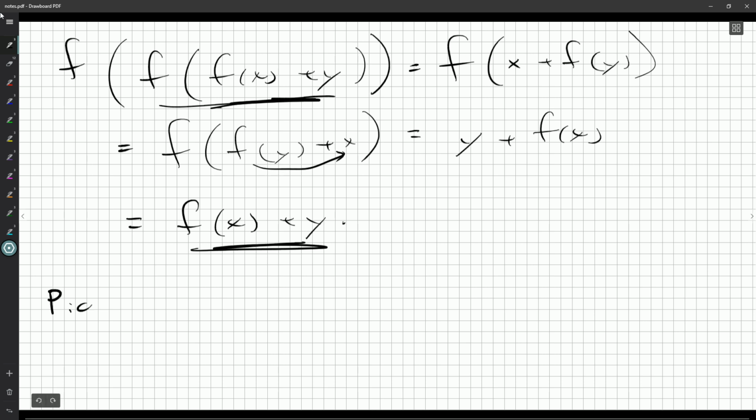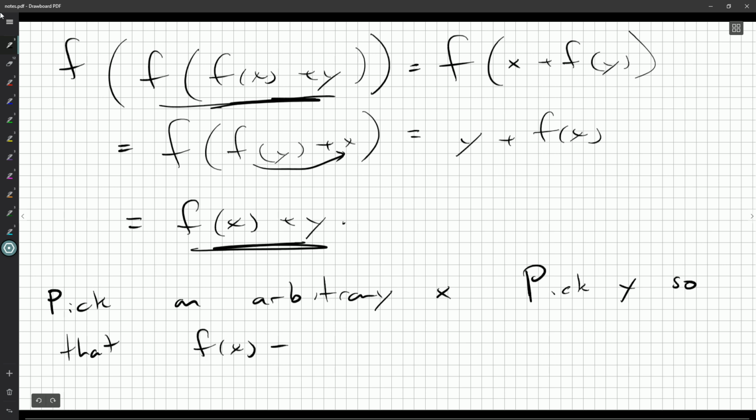So you do something like pick an arbitrary x, and then pick y so that f of x plus y is equal to some pre-chosen value a, right?